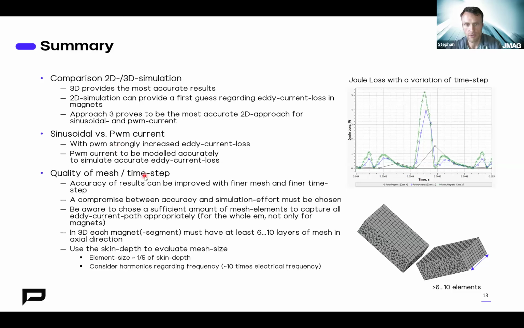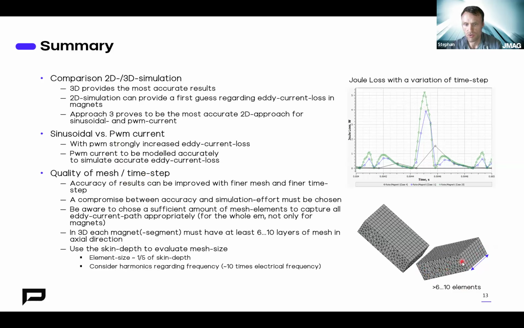And now some words about the mesh quality and the number of time steps. For the mesh quality, here is what I've used for this simulation. I've used 10 elements in the axial direction for the magnets, and a similarly fine distribution of mesh elements in the XY plane.